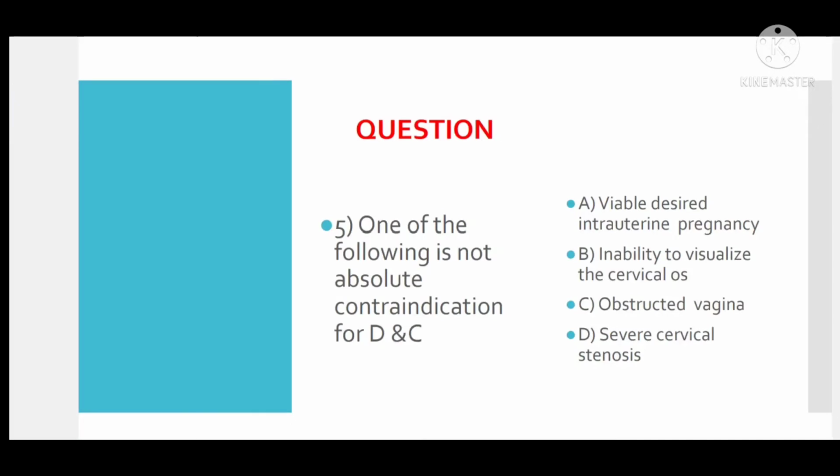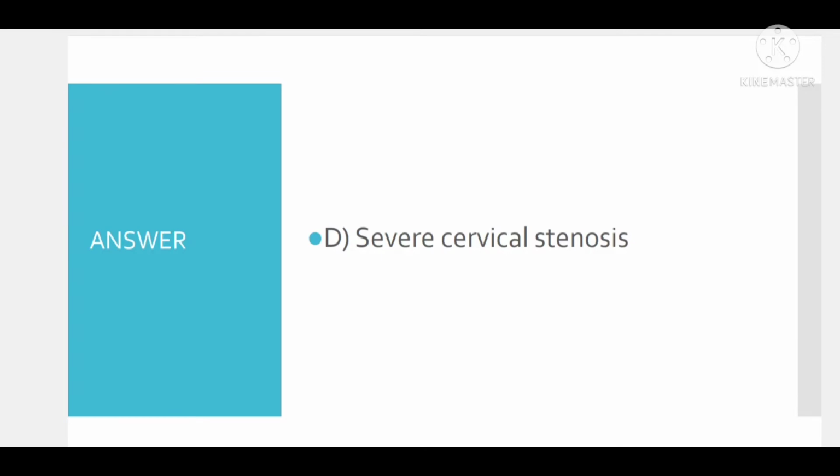One of the following is not an absolute contraindication for dilatation and curettage. Option A viable desired intrauterine pregnancy, option B inability to visualize the cervical os, option C obstructed vagina, and last one option D severe cervical stenosis. Here the correct answer: option D, severe cervical stenosis.